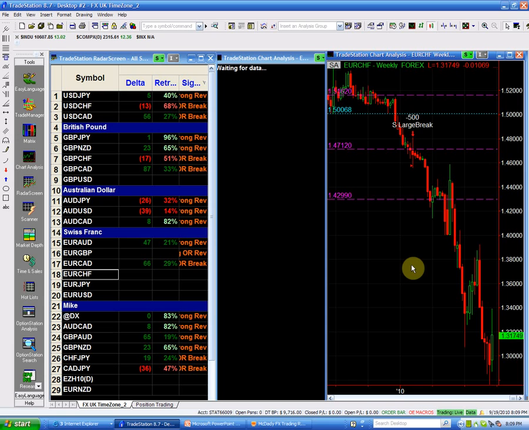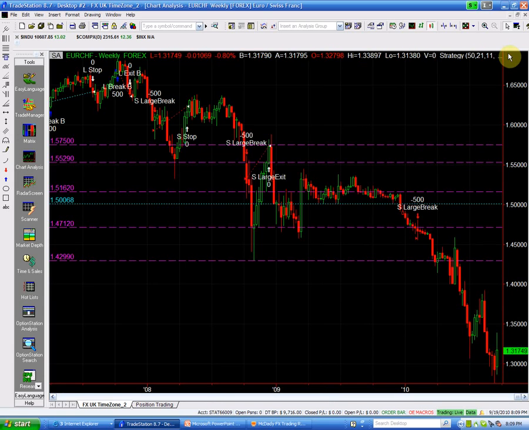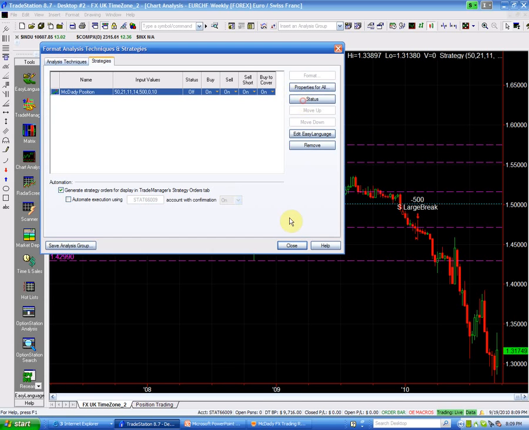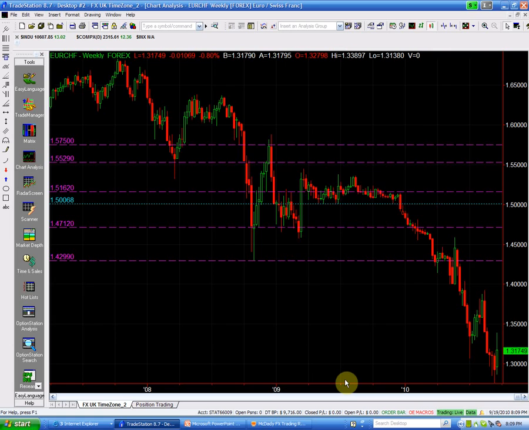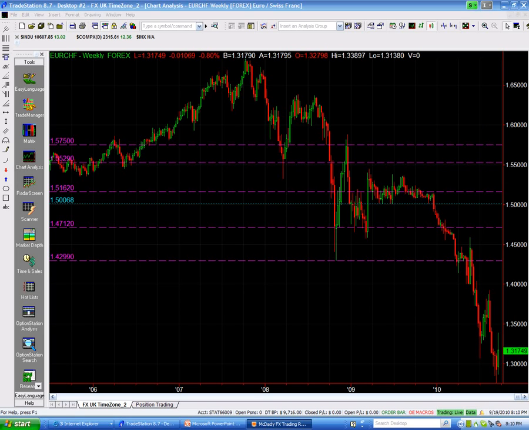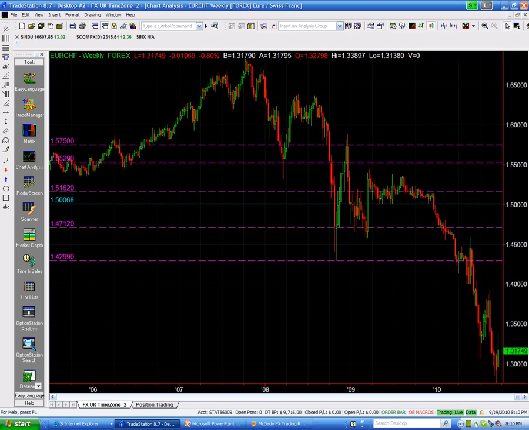Now, having said that, we are still technically short the Euro Swiss, but we should now be looking at closing that position, because right here on the weekly we do have two strong buy signals, plus we have the intervention, so we have two technical buy signals, plus we have an event that's happening in the market.